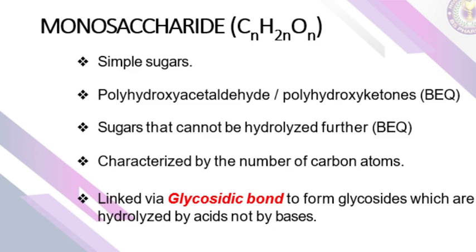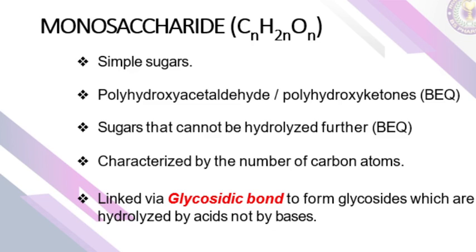It is your simplest sugar, and different sugars can be classified into aldehyde or ketone depending on the functional group found in the structure. We will look at the different functional groups later, and sugars are also characterized by the number of carbons, and the least number of carbons you can find in a sugar is 3.